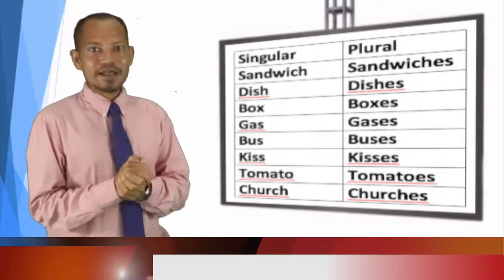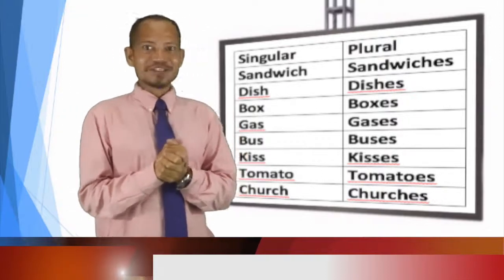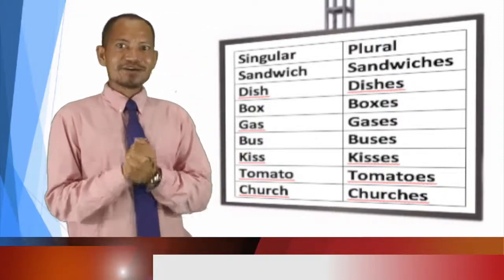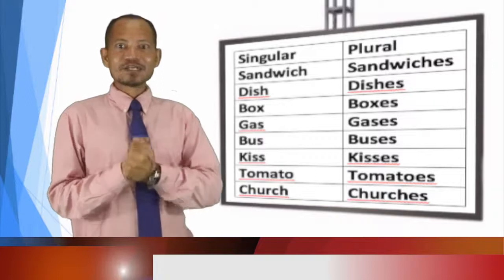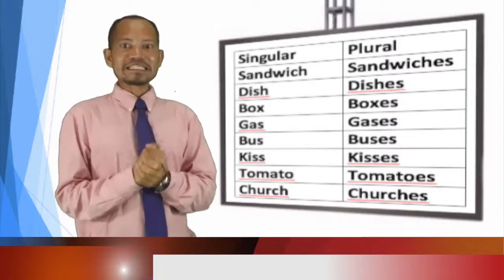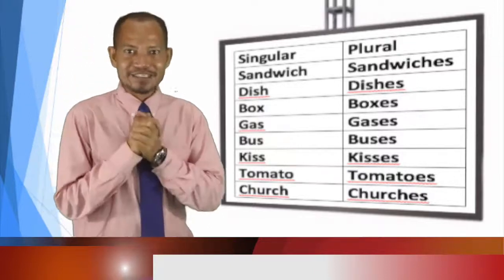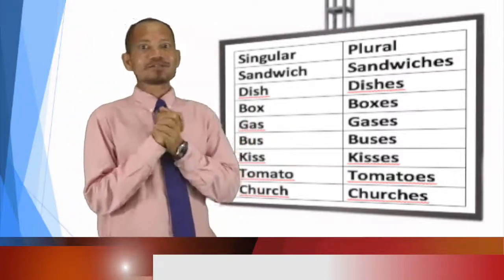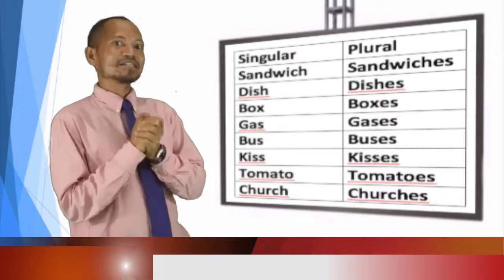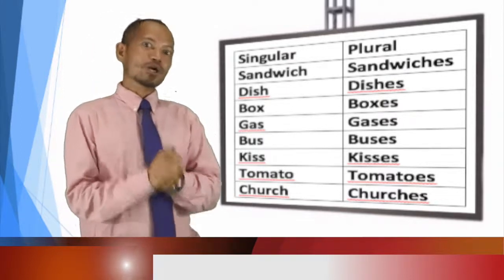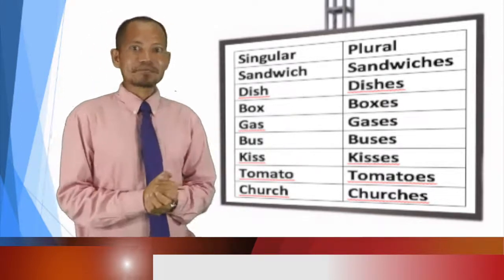To make it short, all singular nouns ending in ch, sh, s, x, or o are simply followed by es to make them plural, as in the examples provided in the table, mostly in the second column on the right side.